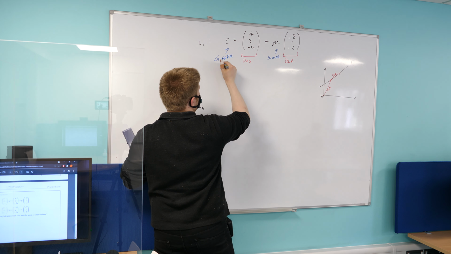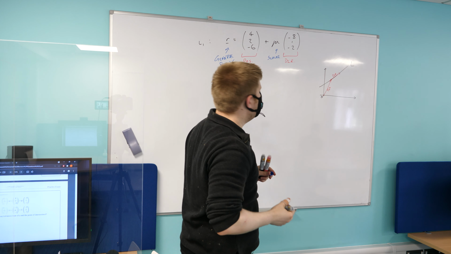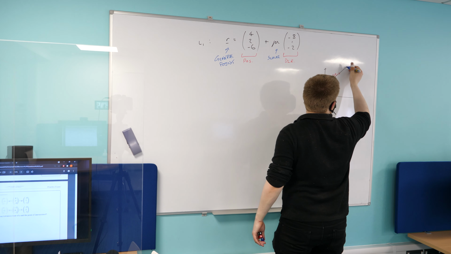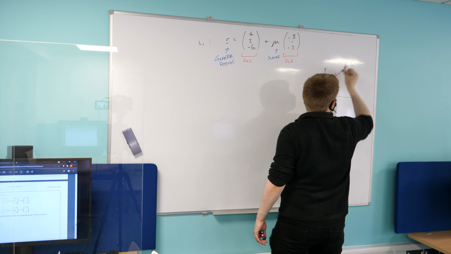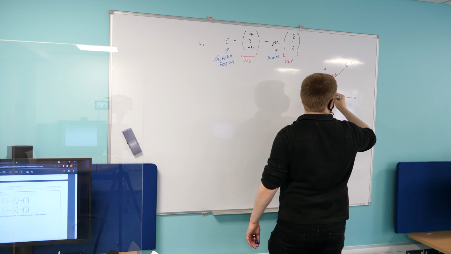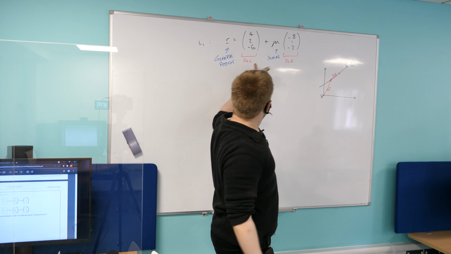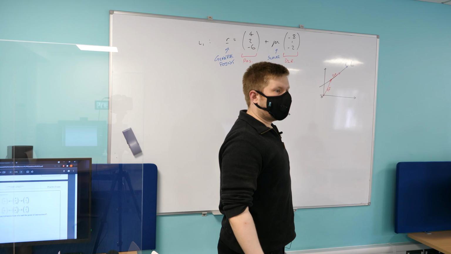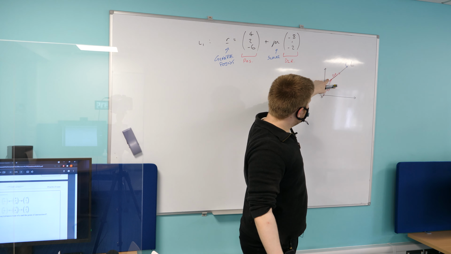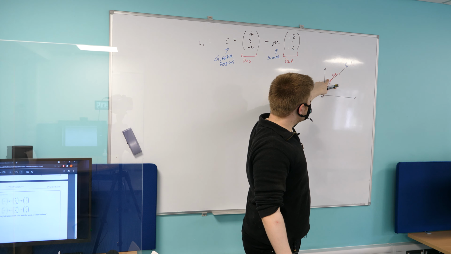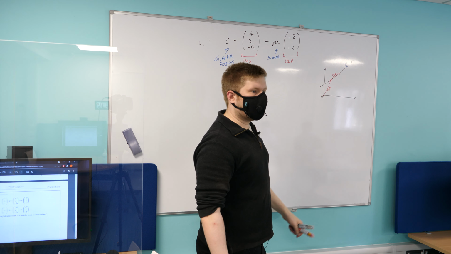So this is some general point, but obviously it's the position vector which moves me from the origin to some general point. So let's suppose, for example, my general point is out here, okay? So this is my point R. Okay, so I'm thinking about the position vector which moves me from the origin to the point R. Well, clearly, if I'm doing it in terms of my position and direction vector, my position vector gets me onto the line. Then when I'm here, I have my direction vector which moves me in the same direction as the line.